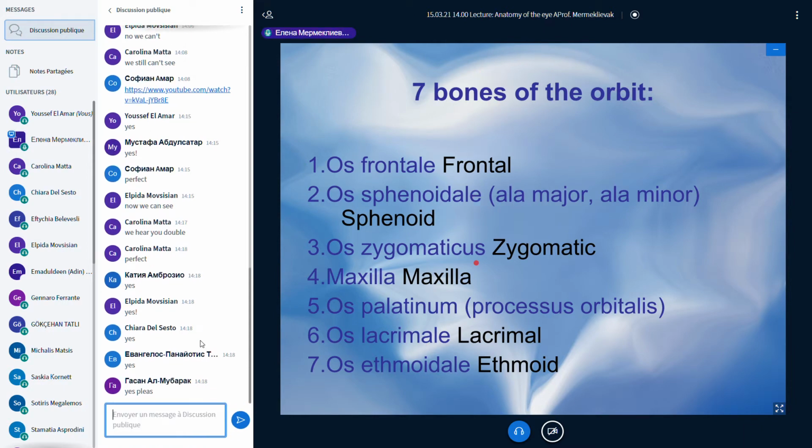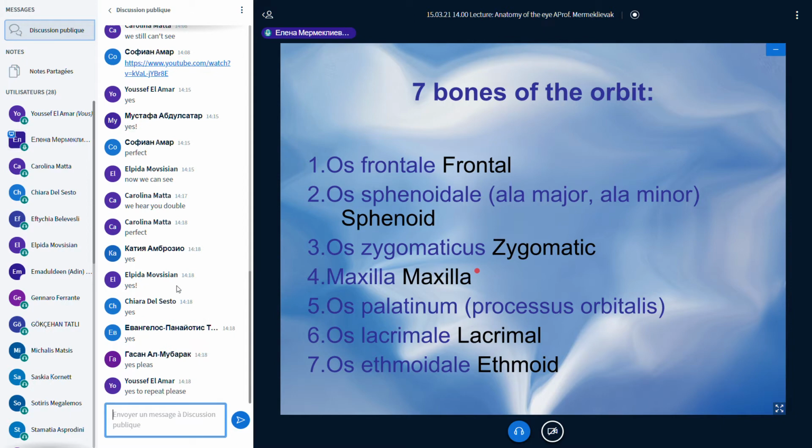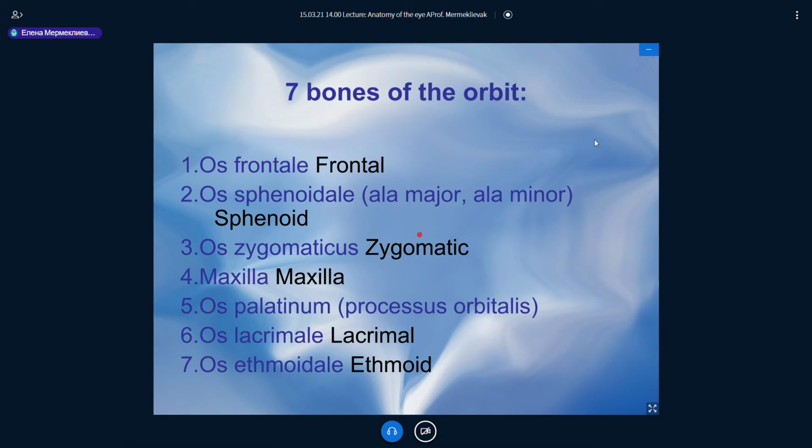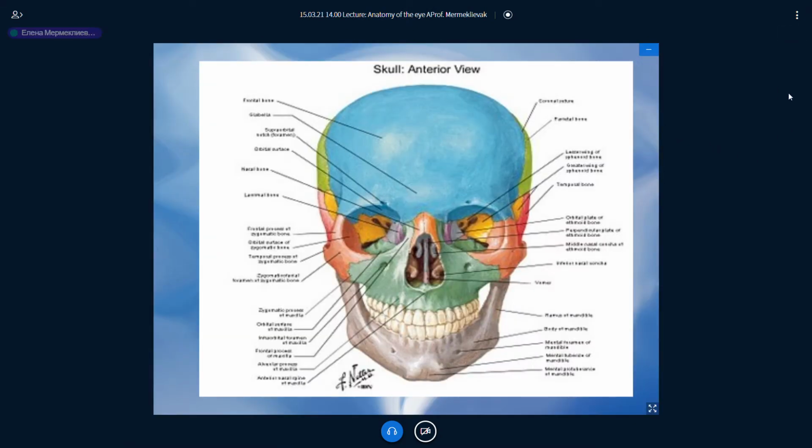Okay. The bones that you have already here. And after that we have the location of the orbit with the bones, the bones and the sinuses.